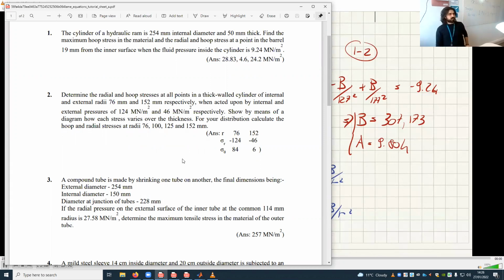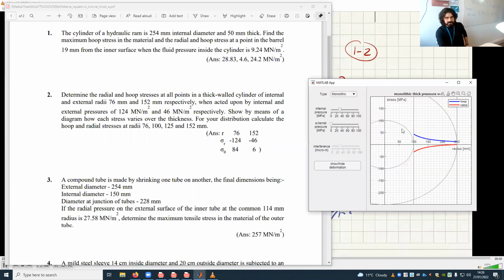So can you tell what's going on here? Remember what I told you last time. It's non-trivial, because if you have internal and external pressure, it depends on the geometry. Let's say I have 60 and 60 here. So for the same internal and external pressure, the deformation still goes inside.